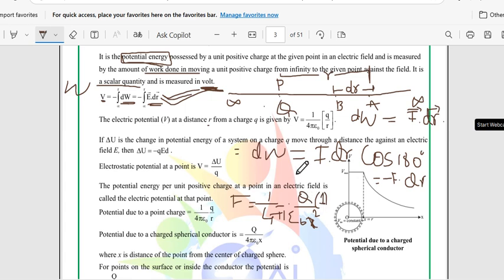Now the total work done for bringing the unit positive charge from infinity to point P. This is equation number 1.